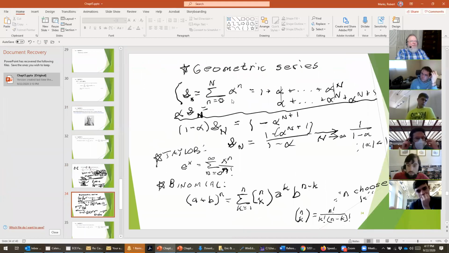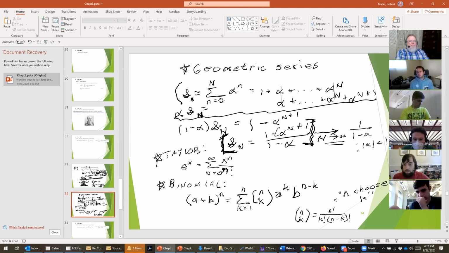This applies if alpha is equal to 1,000 or 1,000,000,000. It doesn't matter what it is. And the answer is this, and that's always true. Alpha can be any number that we want. The sensitivity comes in when we set n going to infinity. Because if n goes to infinity, we have to make sure that this term goes to 0. This term goes to 0 only when alpha is strictly less than 1.